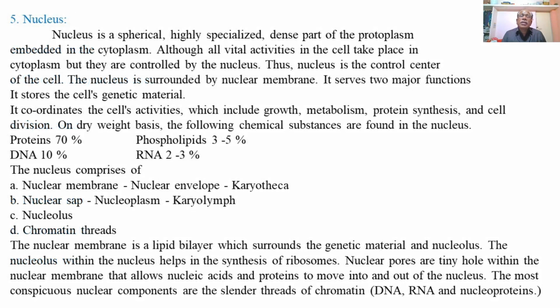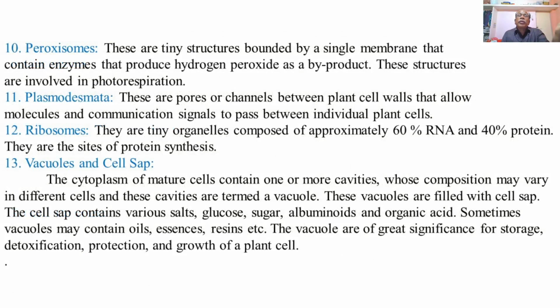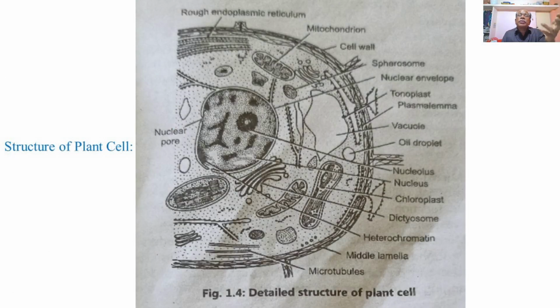So plant cells are composed of cell wall, plasma membrane, cytoplasm, nucleus, nuclear materials, cytoplasmic inclusions, and the cytoplasmic organelles, which we have already explained in detail. Lastly, we'll see the structure of a plant cell.